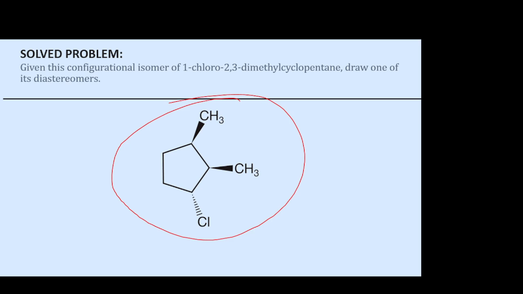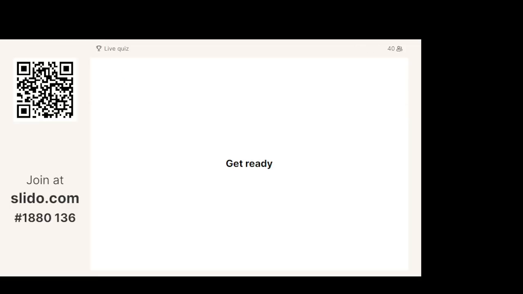Okay, everybody got started drawing it and have enough of it that they can draw the diastereomer of it? Excellent. All right. So what's the easy way to do this? Don't answer me yet. So how do we draw a diastereomer?